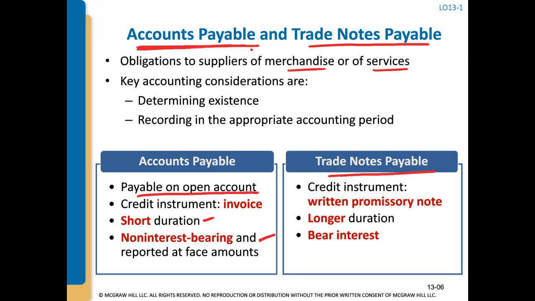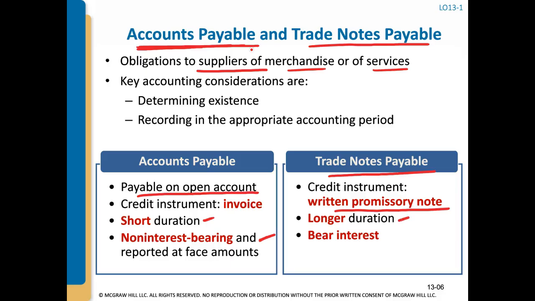Trade notes payable are different because they still are current liabilities to our suppliers of merchandise or service. However, they are backed with an actual promissory note, like a written note or contract, if you will, and they're typically longer in duration.